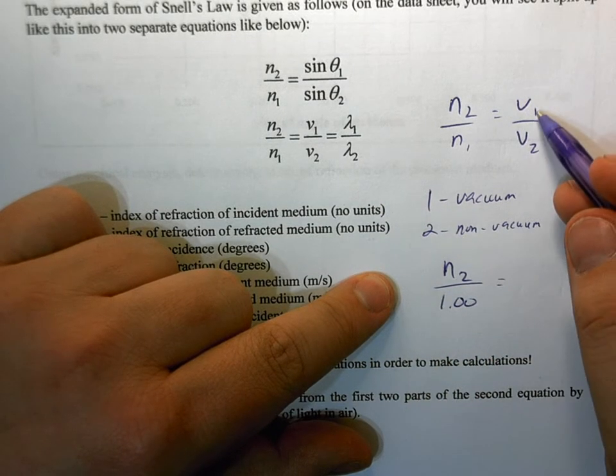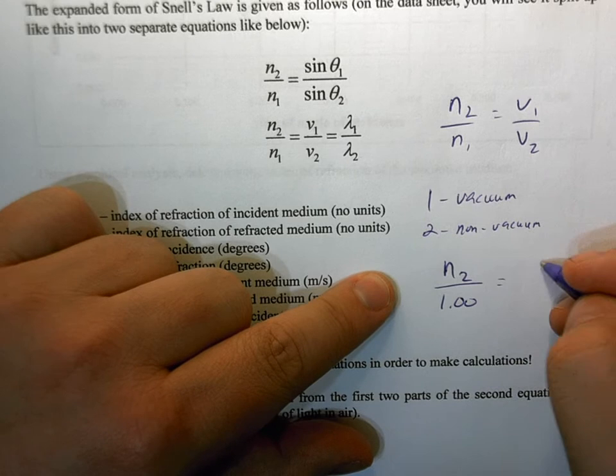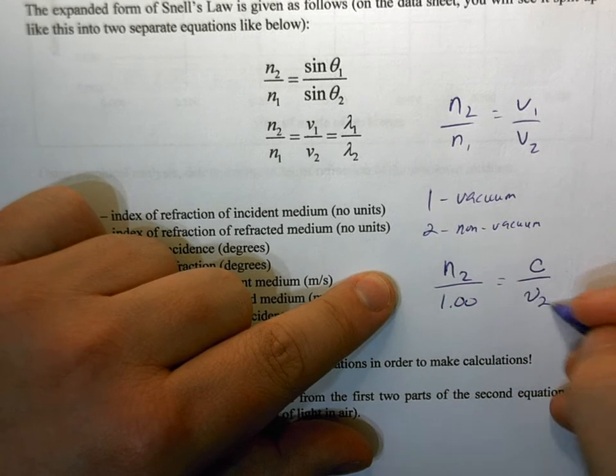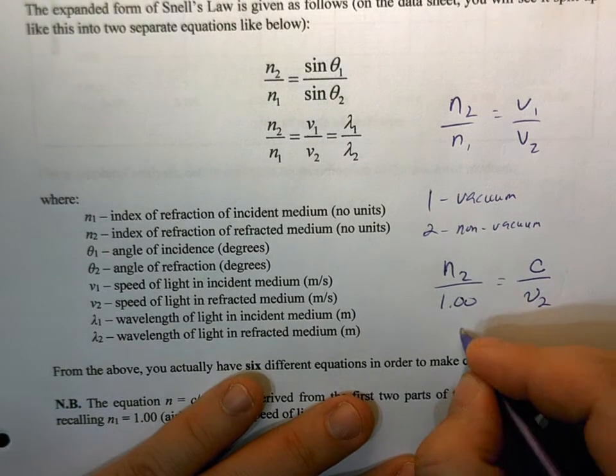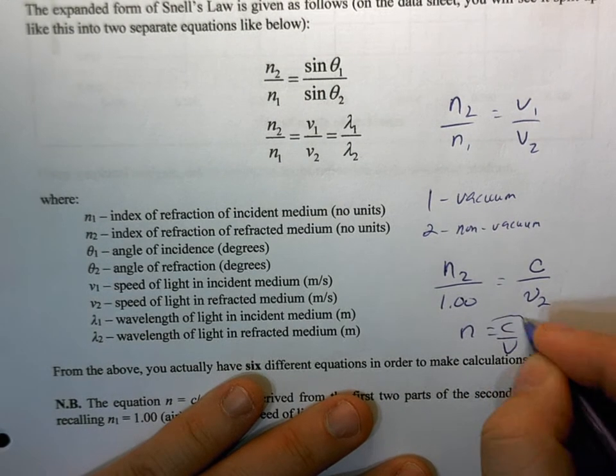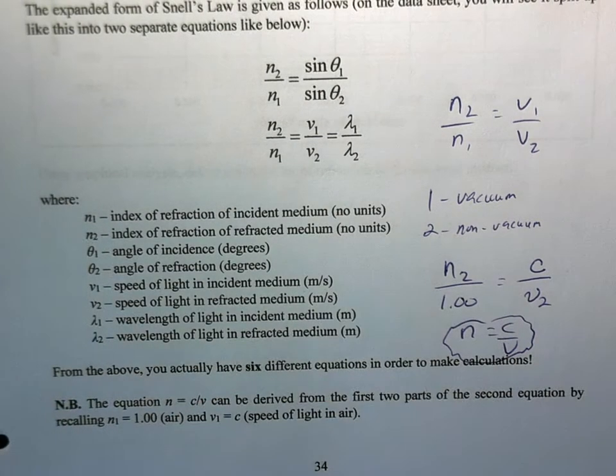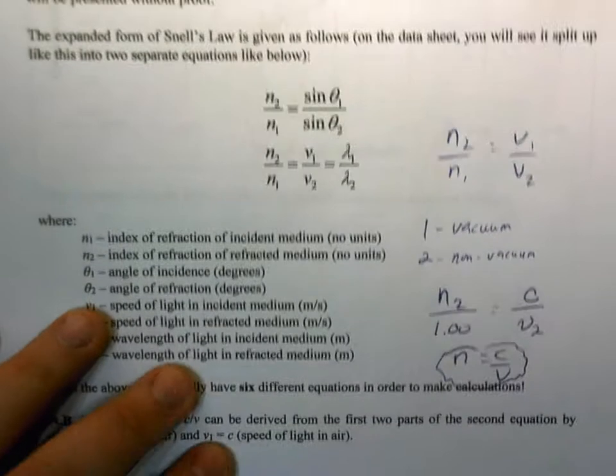And then the speed of light in a vacuum is just going to be c. And then we have the speed of light in our non-vacuum medium. Well, n2 divided by 1 is just going to be n2. c divided by v2 is not going to change. Let's just drop the subscripts, so we could just say n equals c over v. So in a pinch, if you don't know where n equals c over v comes from, you can absolutely get that from Snell's law.